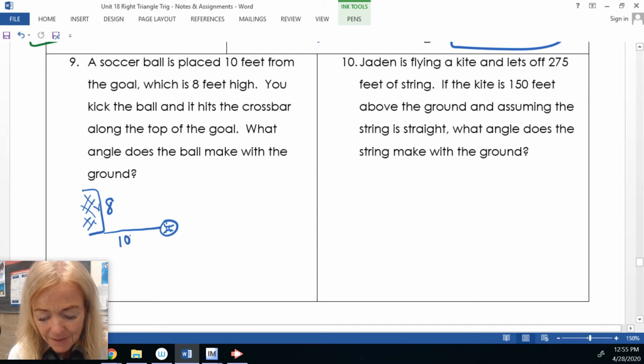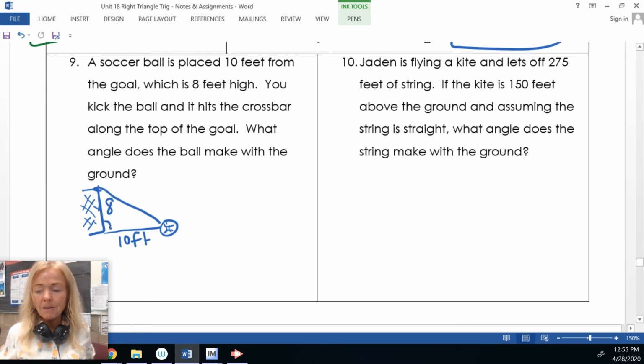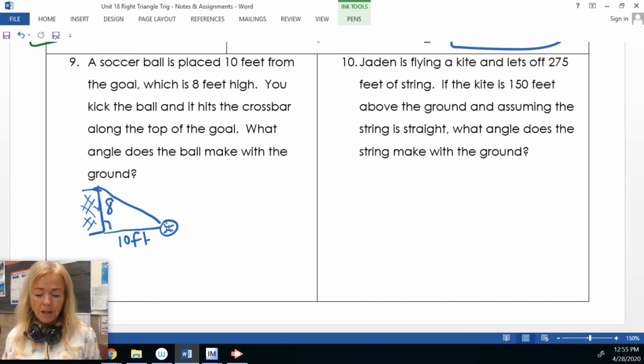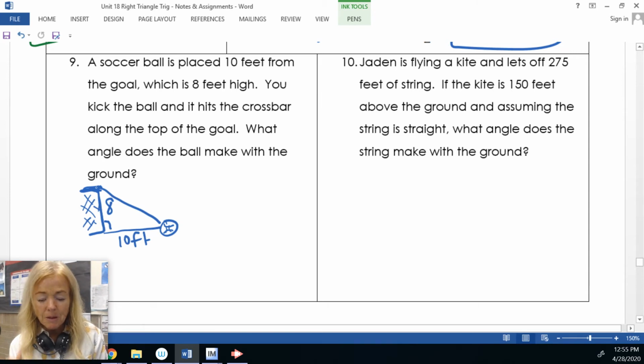So this is going to be from the top of your goal here. That's going to make your right triangle, which is important to figure out where that triangle is. You kick the ball, and it hits the crossbar along the top of the goal. So it's going to hit this crossbar right here at the top of the goal. What angle does the ball make with the ground?